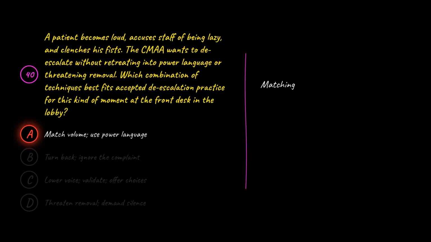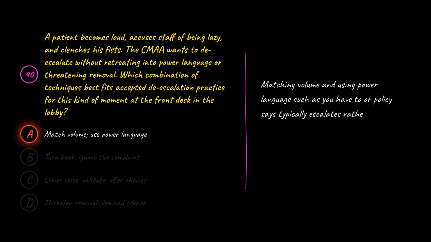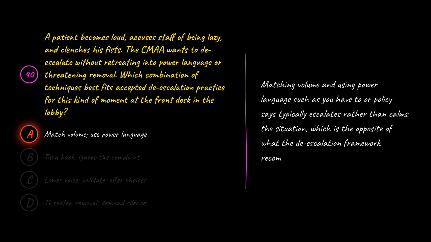A is wrong because matching volume and using power language such as "you have to" or "policy says" typically escalates rather than calms the situation, which is the opposite of what the de-escalation framework recommends.